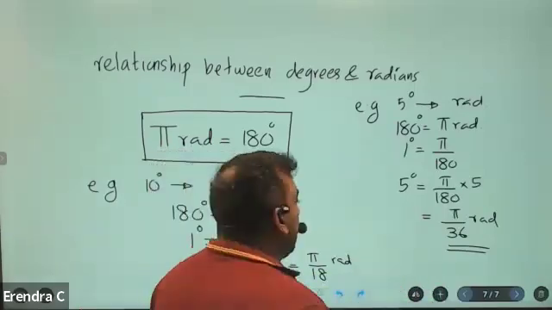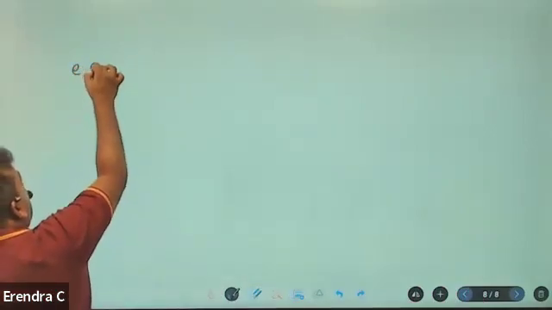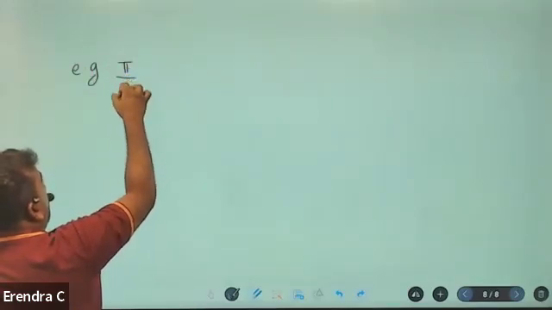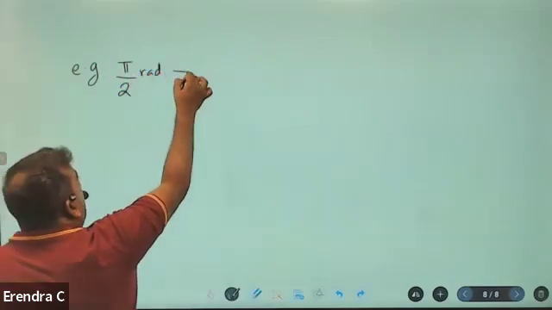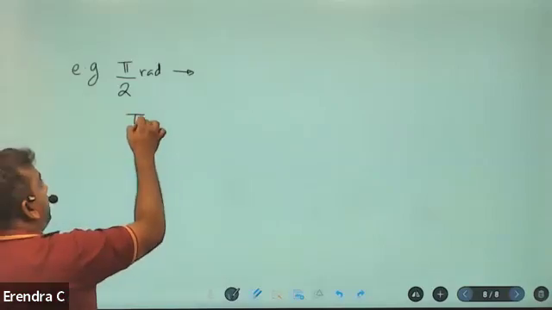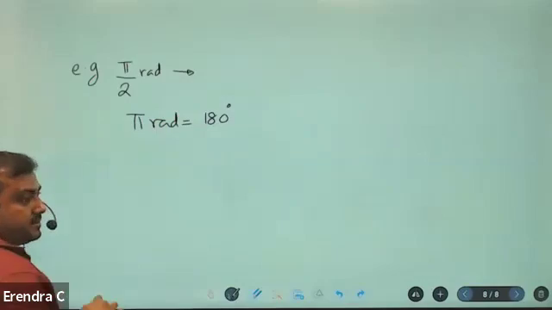Okay. What if they ask you to convert radians to degrees? For example, they'll ask you to convert pi over 2 radians to degrees. How will you do? Simple. Pi radian is 180 degrees.